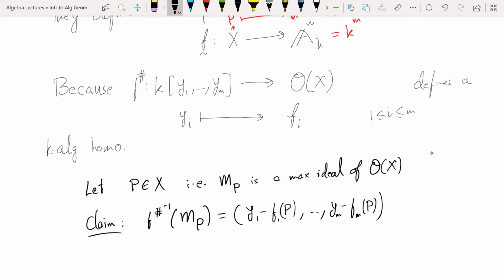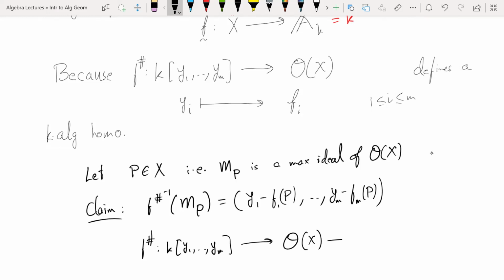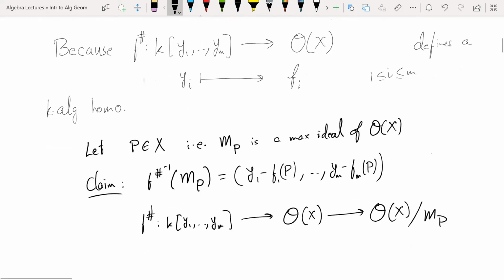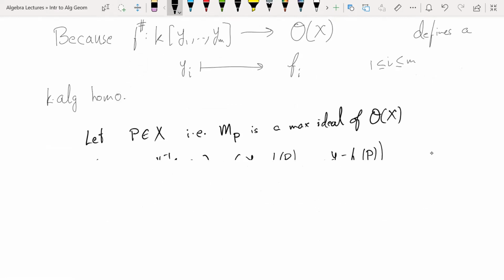So you go mod the maximal ideal. So f hash is this map. I'll just show it for one. So k[y1, ..., ym] to OX to OX mod mp.